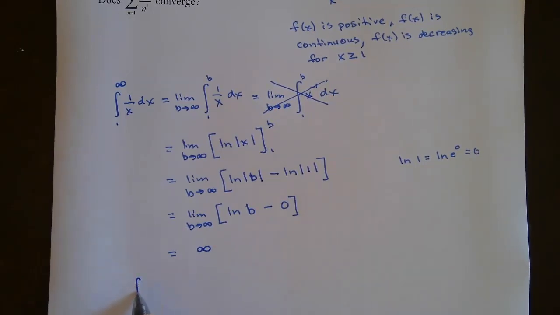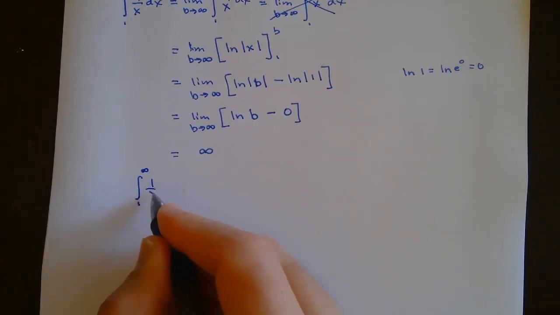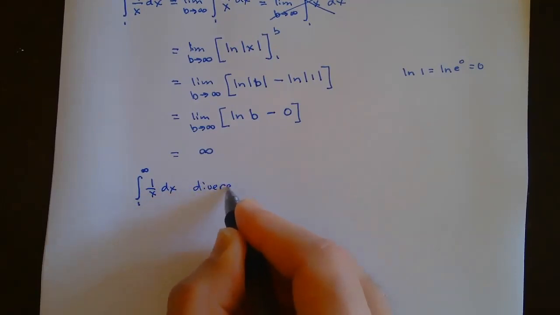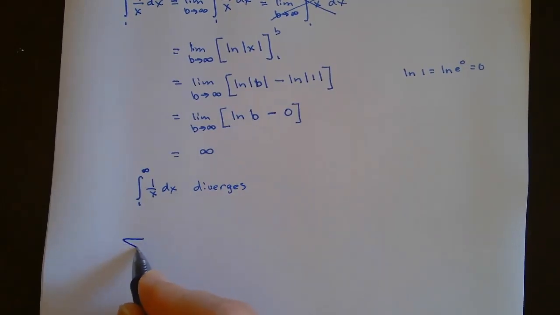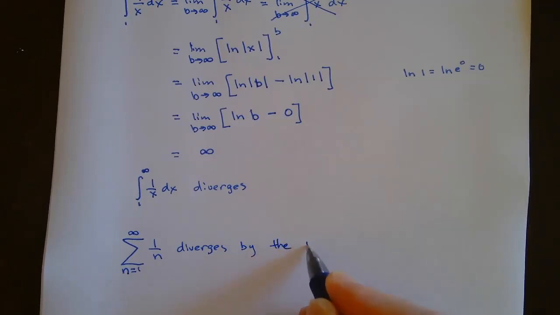So the integral from 1 to infinity of 1 over x dx diverges. And because of that, we now know that the sum from n equals 1 to infinity of 1 over n diverges by the integral test.